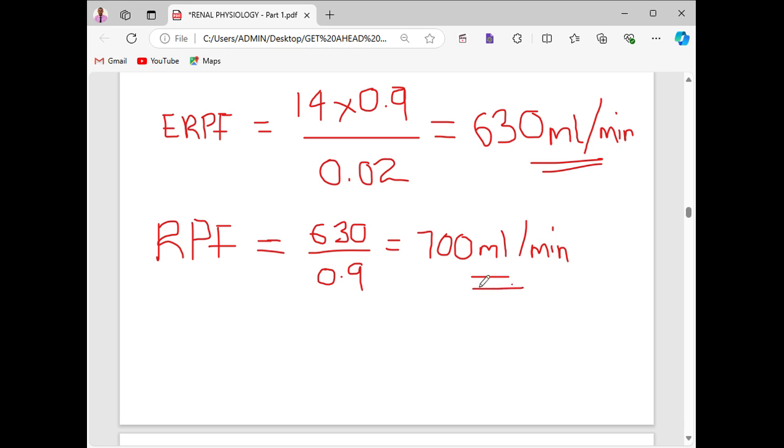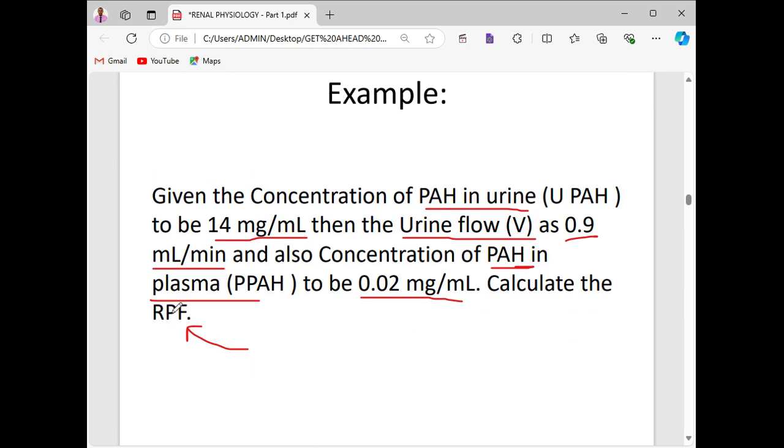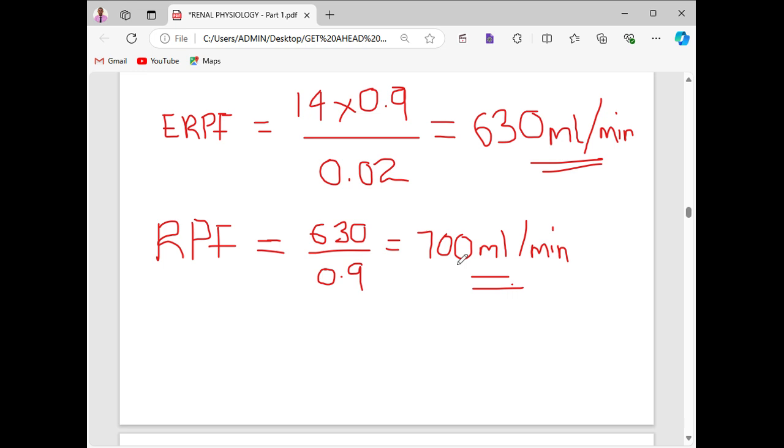Remember, we want to find the renal blood flow. This was just a typing error; we are supposed to find renal blood flow here. So let's find renal blood flow. The value we found is the renal plasma flow, and this is the actual.